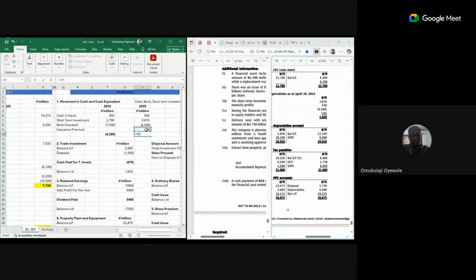Equals this plus this plus this plus this. It's negative. Why is theirs positive? That's what they have now, but theirs is positive and ours is negative. This plus this, it's negative, no? How are they getting positive?